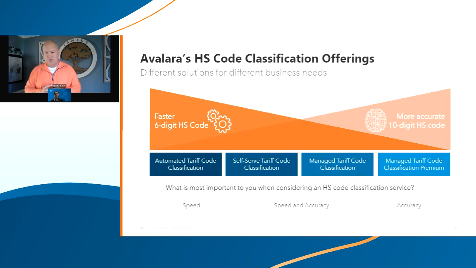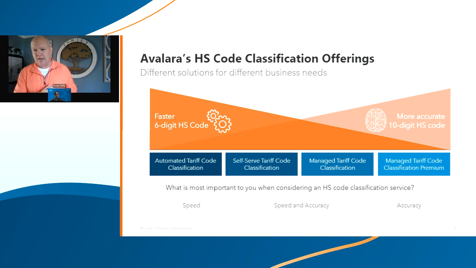This screen I helped our marketing team create, and it's one of my favorites, because on this spectrum, we have multiple customers that live in one area or the other, or believe it or not, somewhere in between. What do I mean by that?